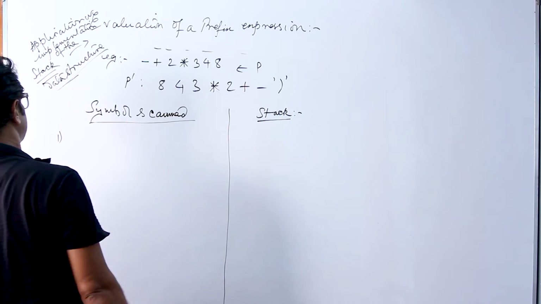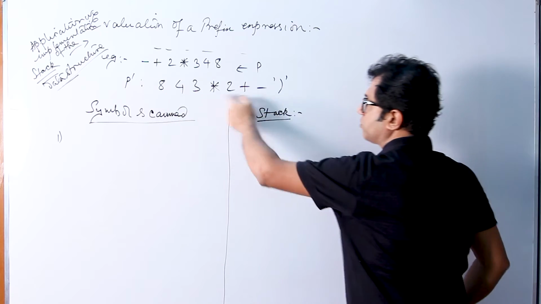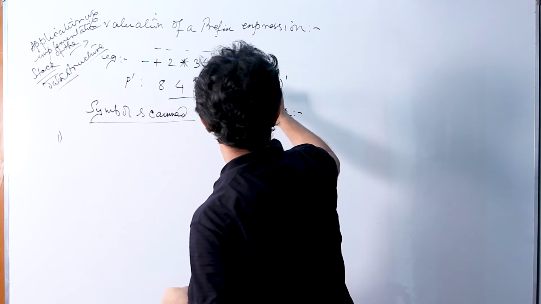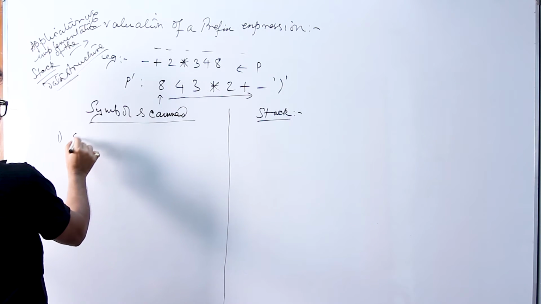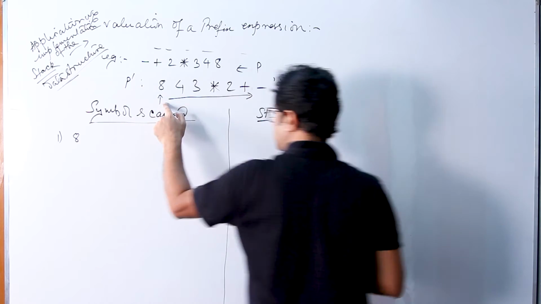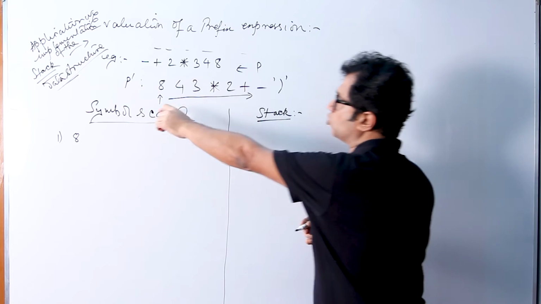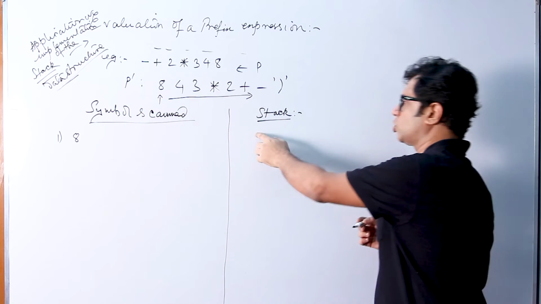First operation, step 1: we will always scan from left to right. So first we will scan 8. The symbol scanned is 8. Since it is an operand, our rule in the algorithm is that it has to be pushed onto the stack.